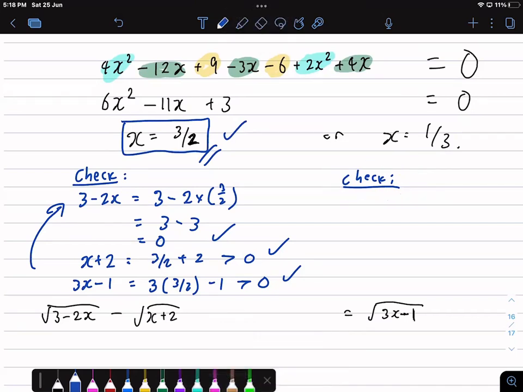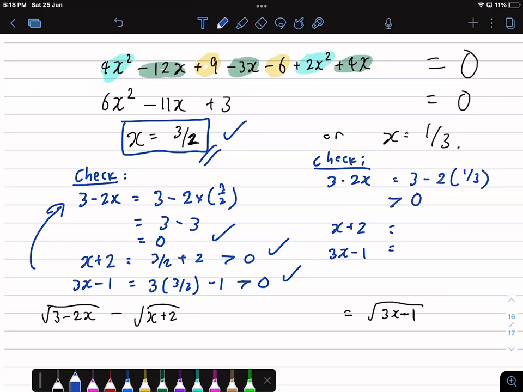Then you do the same thing with the other check. I want to check my 3 minus 2x, my x plus 2, and my 3x minus 1. So let's see, 3 minus 2 times 1 over 3. Still more than 0. x plus 2, positive plus 2, still more than 0. 3 times 1 over 3 minus 1: 3 times 1 over 3 is 1, and 1 minus 1 is 0.